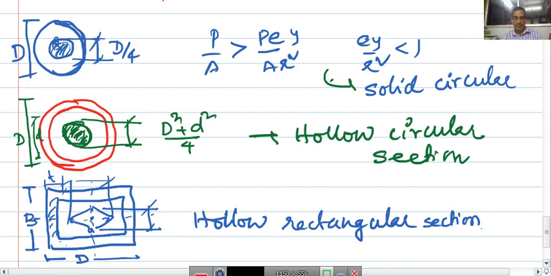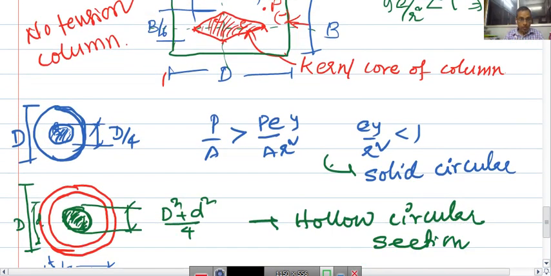Again, simply we are assuming that there should not be tension. That means we use P by A minus M by Z. So far we were using P by A plus M by Z because we were interested in the maximum compressive stress.